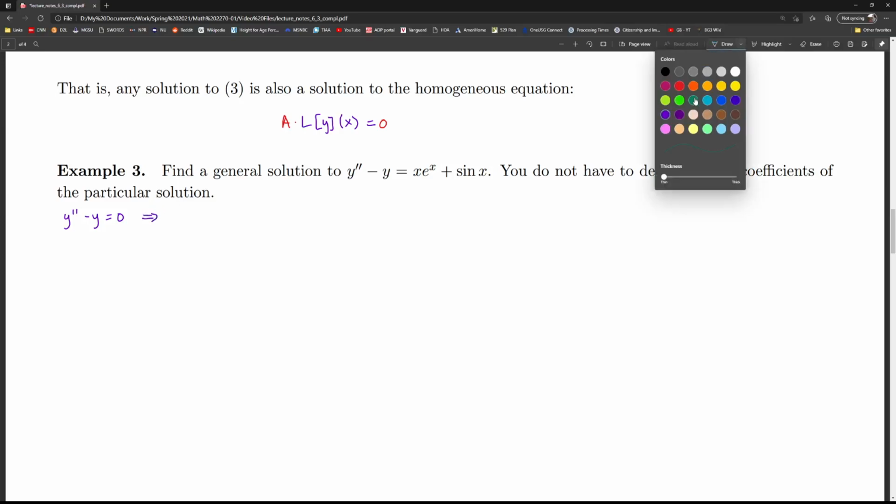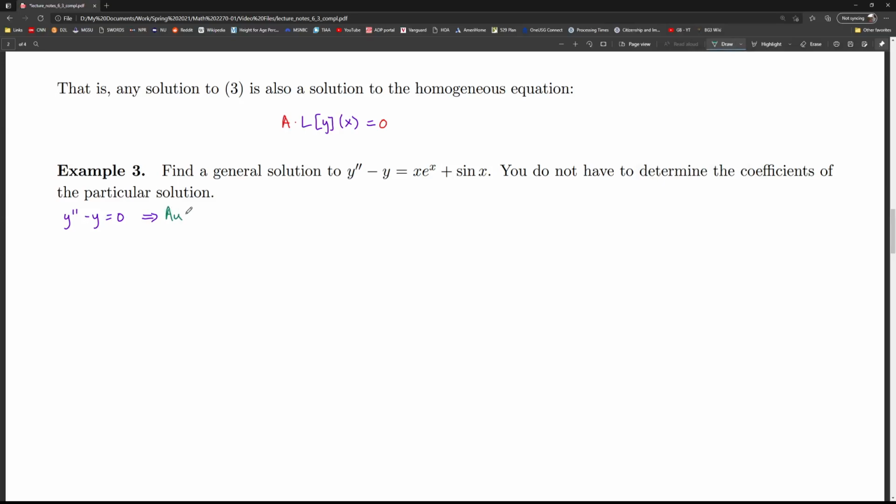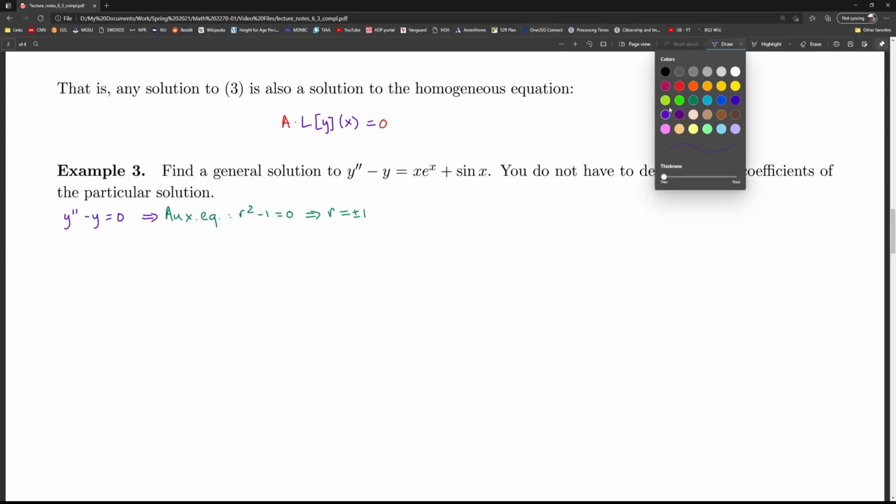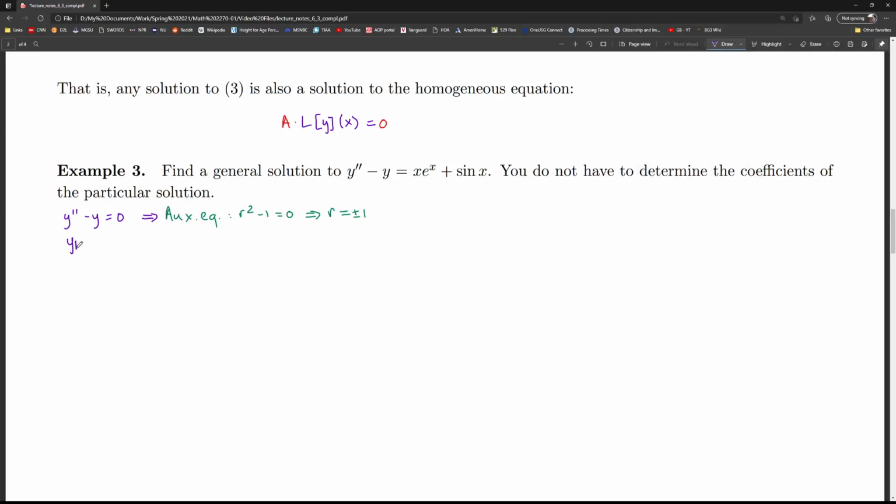We see that the auxiliary equation is given by r squared minus 1 equals 0. And so that means that r is equal to plus or minus 1. And that gives us the solution for the homogeneous part of this differential equation, that is c1 e to the power x plus c2 e to the power negative x.